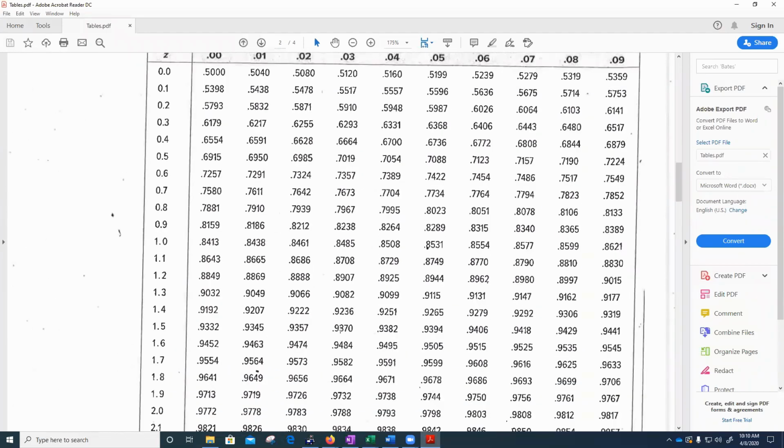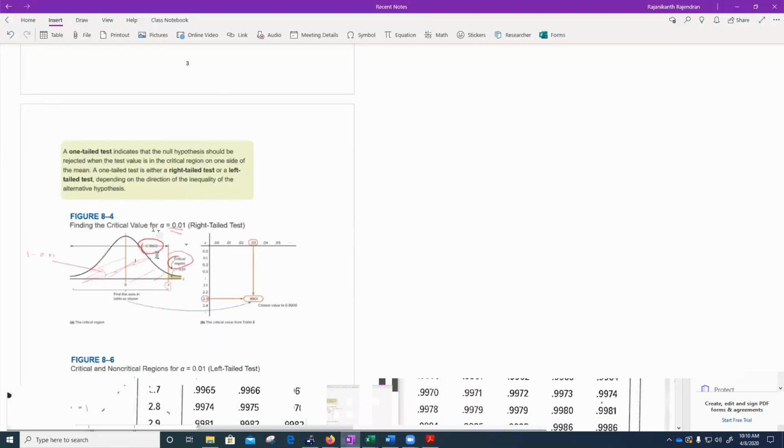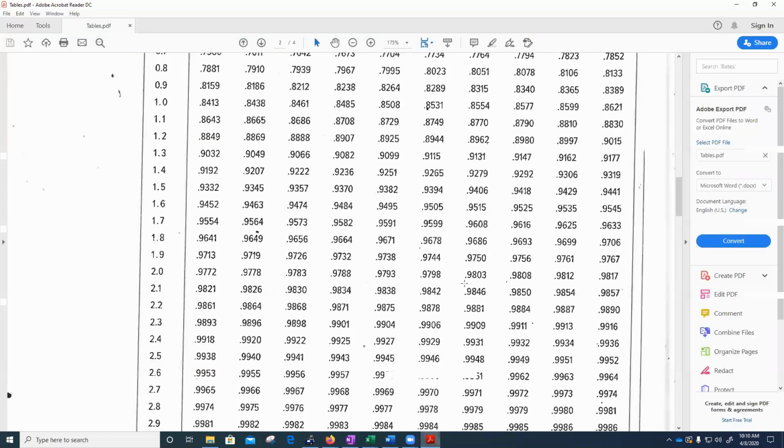If you look at your table, you will find that the area 0.9900 will be somewhere here, right? Which one is the closest one to 0.9900? You will see this one is the closest, right? That is 2.33.